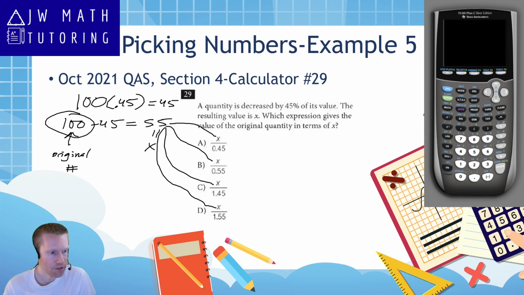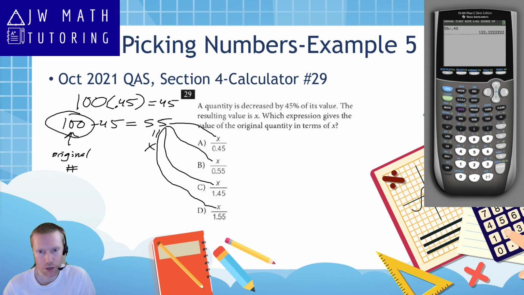I'll start with answer choice A: 55 divided by 0.45. That's 122 point something, so that is wrong. The next one, we take 55 divided by 0.55. That is 100. This one could be the correct answer, so we keep it.